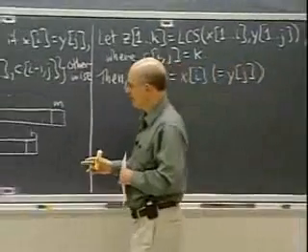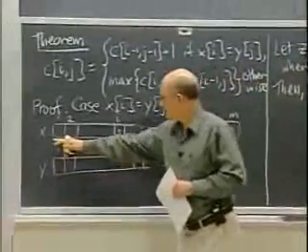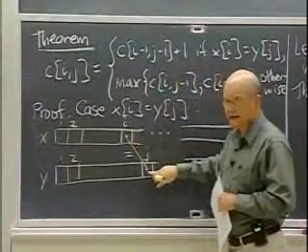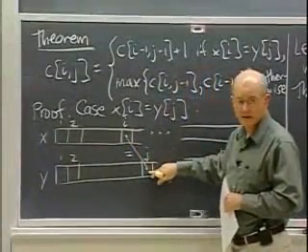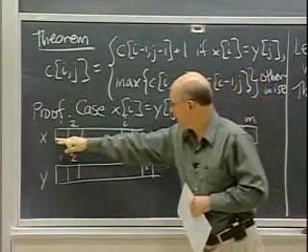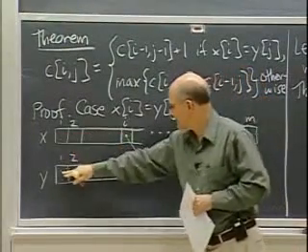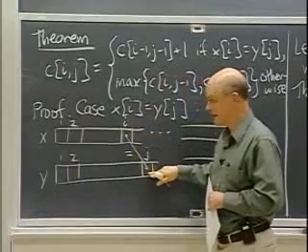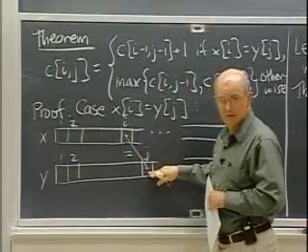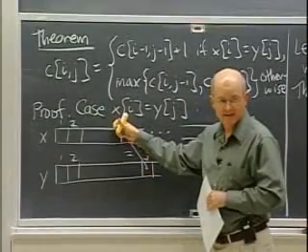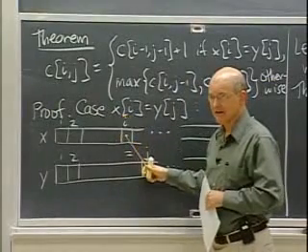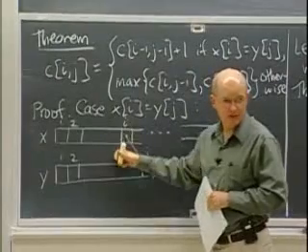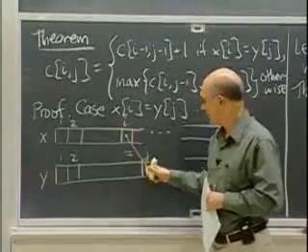Suppose that the longest common subsequence didn't include this element as the last element. Then it includes a bunch of values in here and a bunch of values in here, but doesn't include this or this. Well, then I could just tack on this extra character and make it be k plus 1, because these two match.